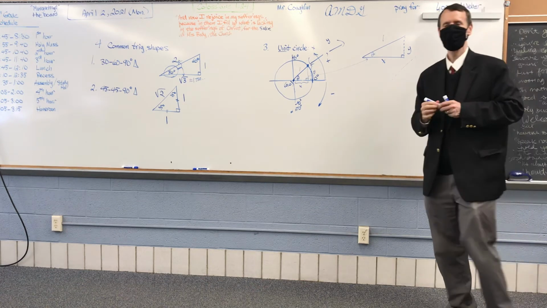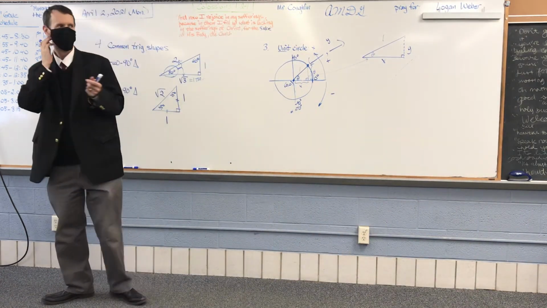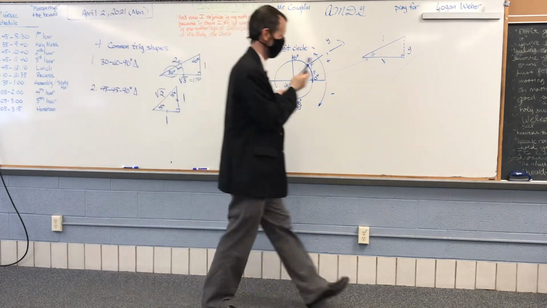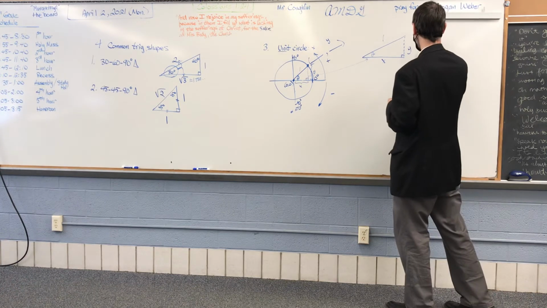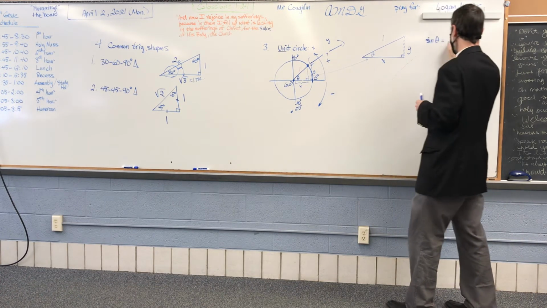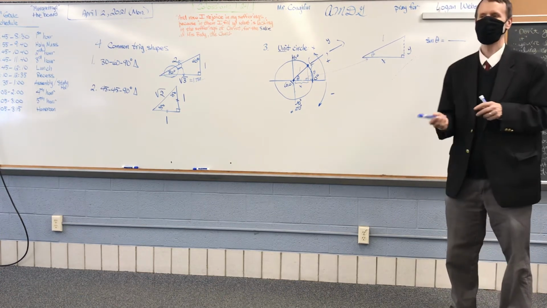That's all they knew about 450 years ago. They were playing with this stuff. They had just discovered sine, cosine, tangent. Can somebody do SOHCAHTOA for me? Sine of theta.